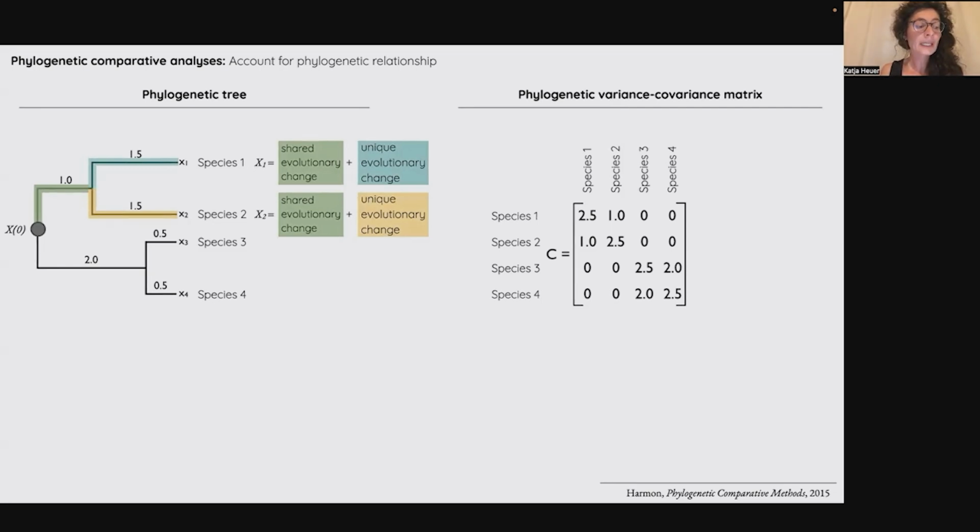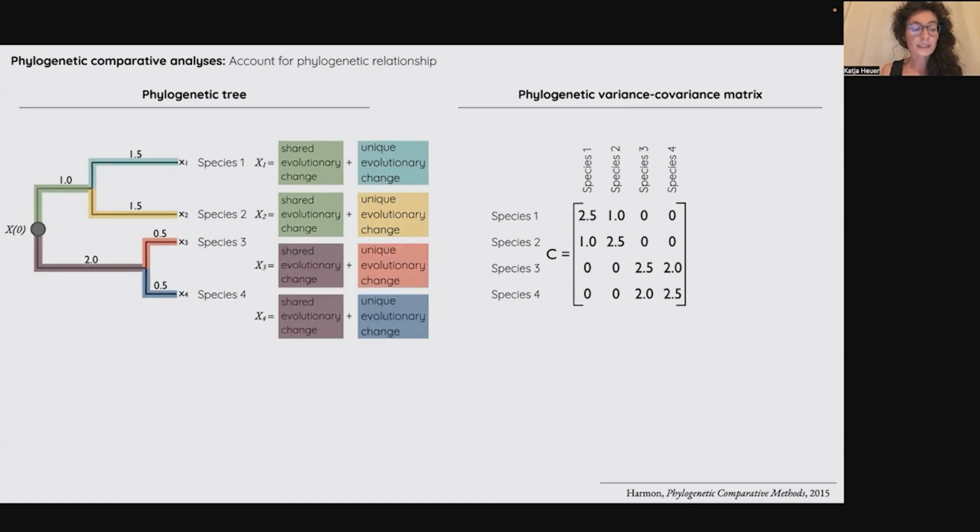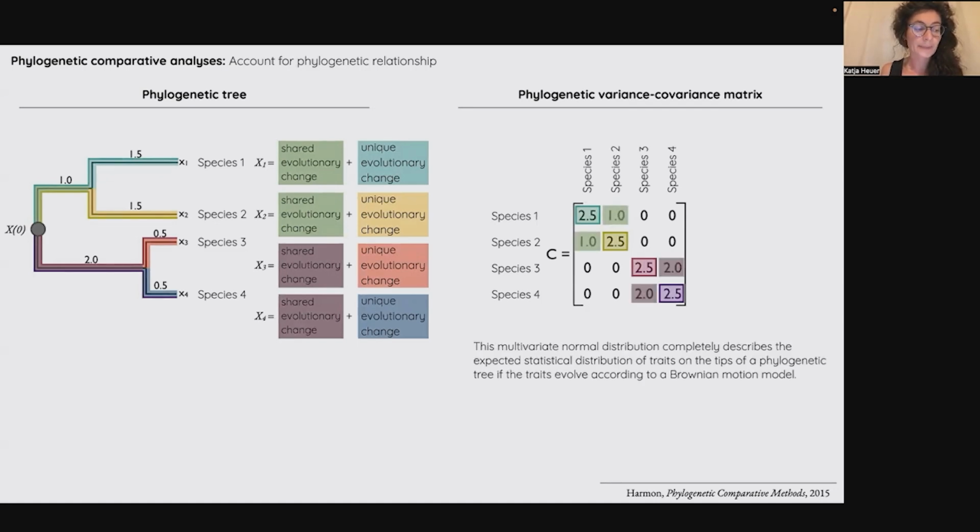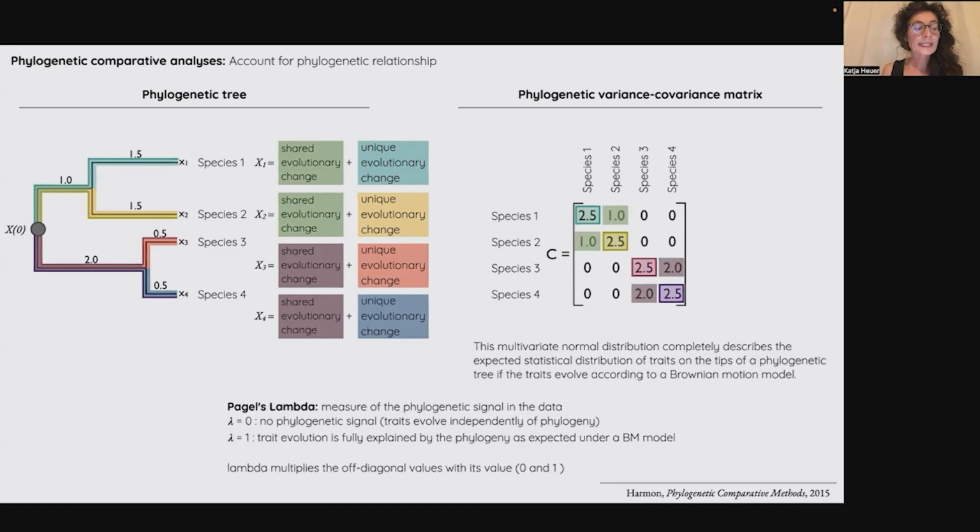And then you compose these for the entire tree, and in your matrix, the diagonal elements represent the evolutionary path length from the root to each species, and in the off-diagonal elements, you have the shared evolutionary path length between the pairs of species. And next, we need to estimate the phylogenetic signal in our data, the so-called Pagel's lambda.